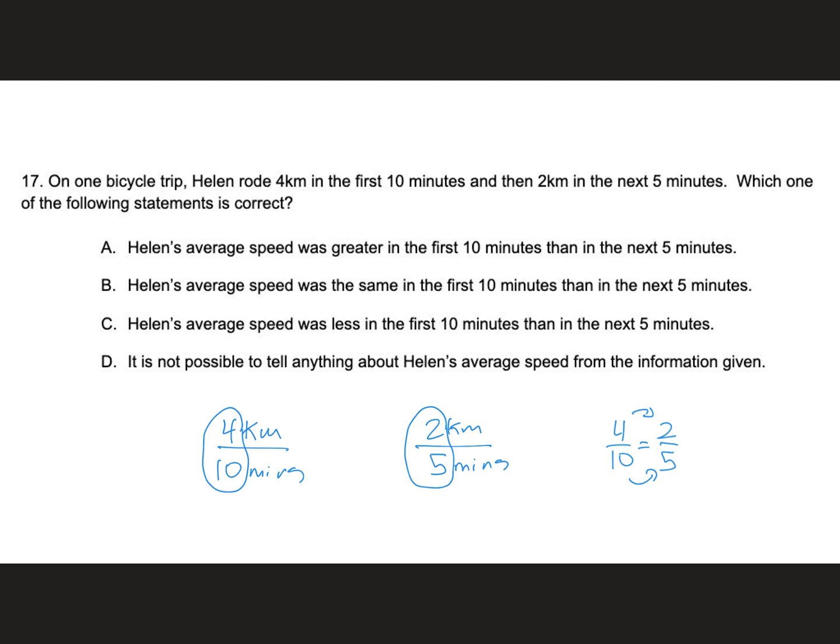So right off the bat, I know that her speed is exactly the same between the two because the ratio is the same. If you wanted to, you could do 4 divided by 10 and 2 divided by 5 and just see if they're the same numbers, which they're both going to be 0.4. And because they're both the same numbers, the speed was the same.